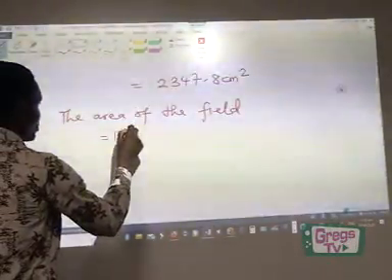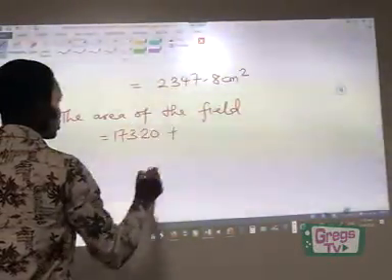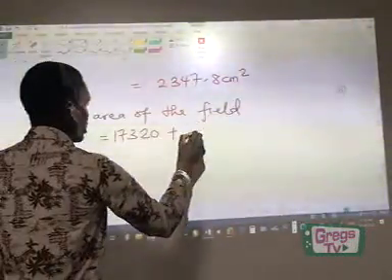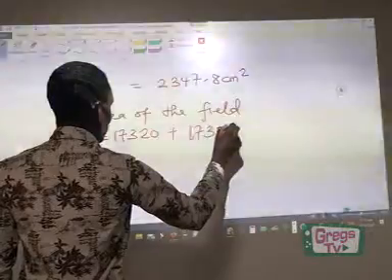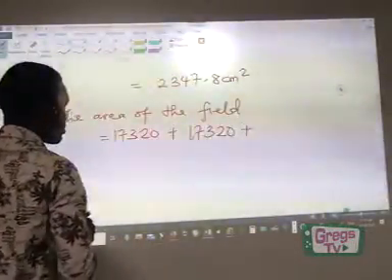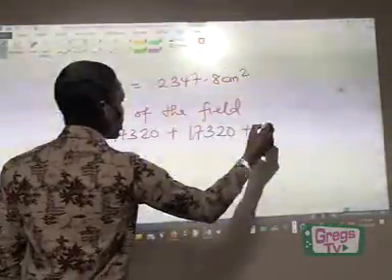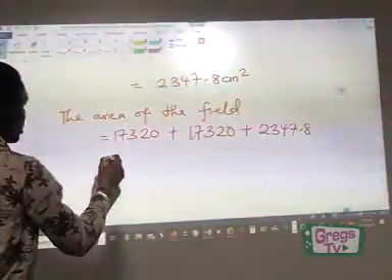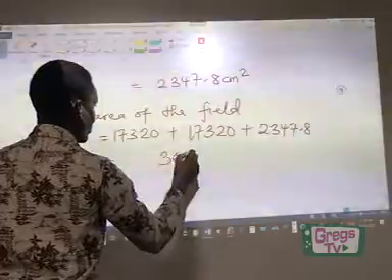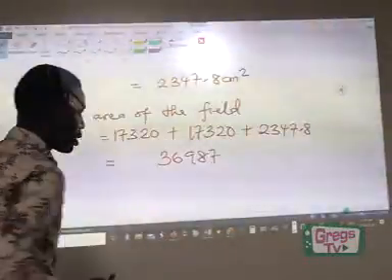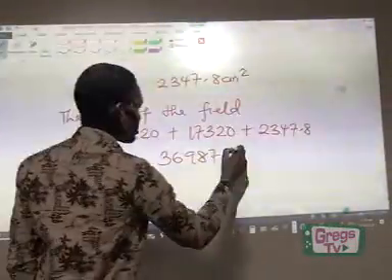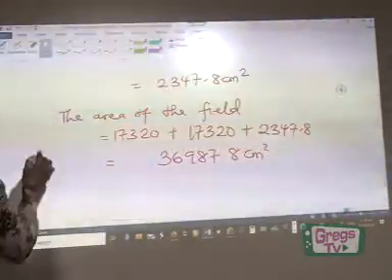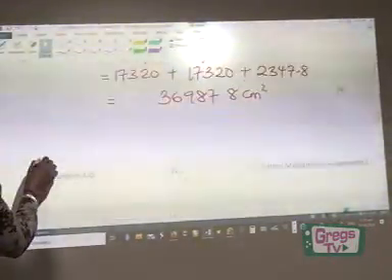If you check, we got this. Then the area of two triangles. Again, if you check, we also have this. And the area of the special shape, and that is 2347.8. And if you add all these together, 36,987.8 meters squared. And that is our answer.